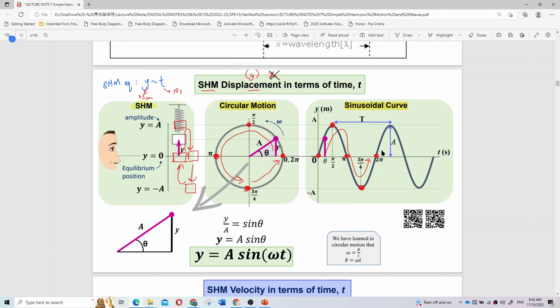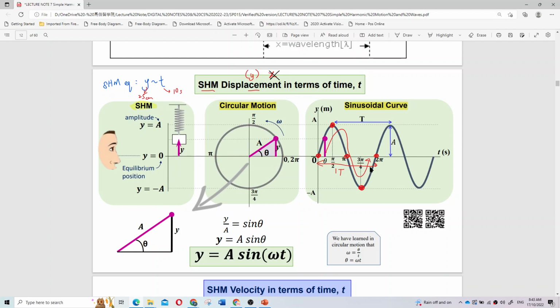From here to here is actually one period, one period to complete one wavelength. Class, can you get it? Yes, sir.